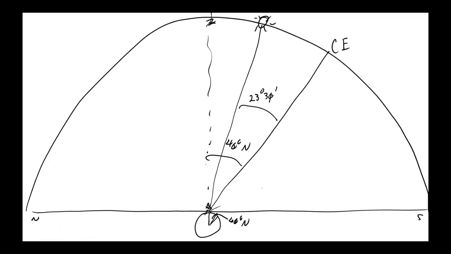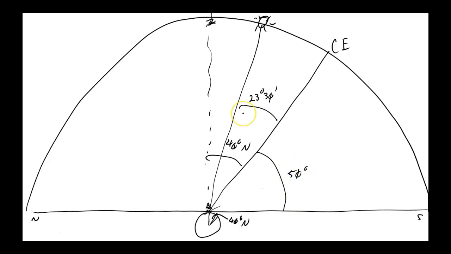So what we want to do is find the altitude of the sun in degrees over the southern horizon at noon on that day. Here's the southern horizon down here. Now first you need to know how far the celestial equator is above the southern horizon. What would that be? 50 degrees. Perfect. Y'all are good.